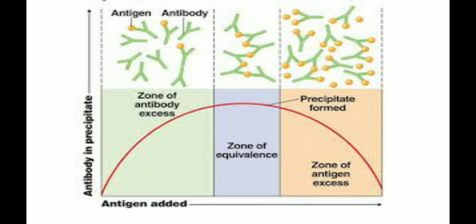There are two phenomena. If the concentration of antigen is less, the precipitation is not there. This phenomenon is known as the pro-zone phenomenon, since it's before the zone of equivalence. And the same after it, when the antigen concentration is more than the antibody, is known as the post-zone phenomenon.